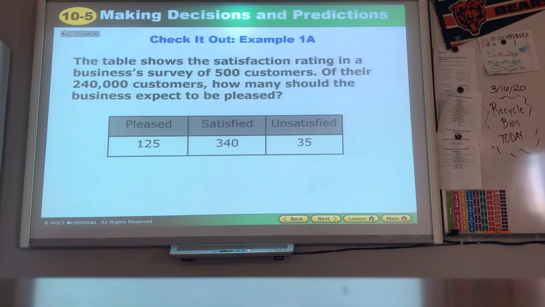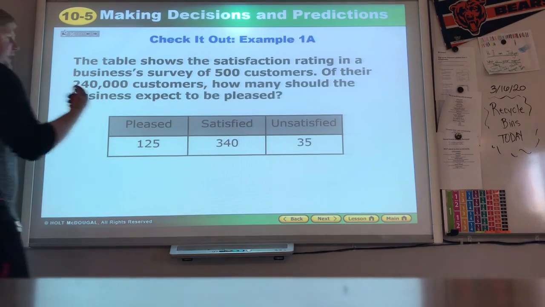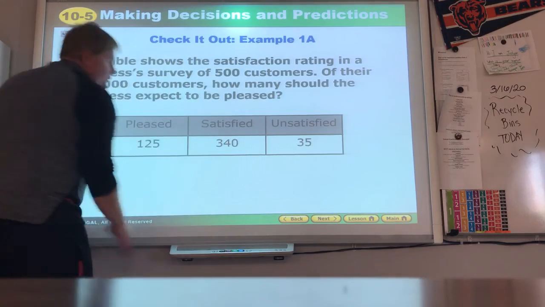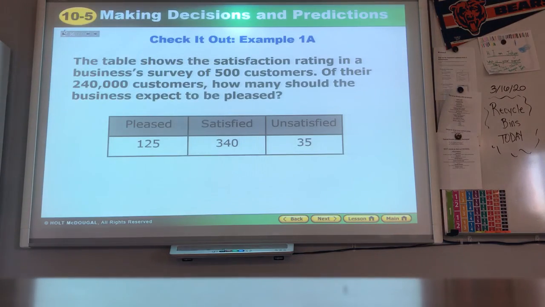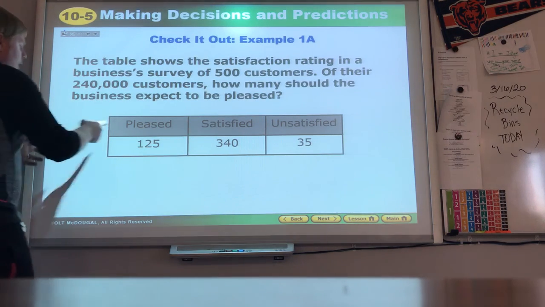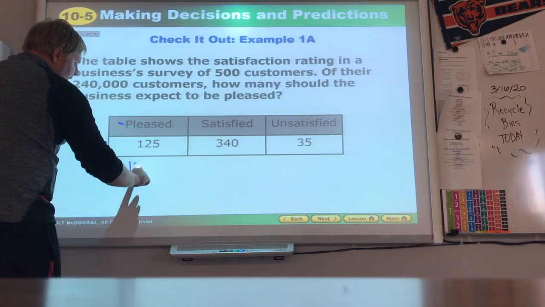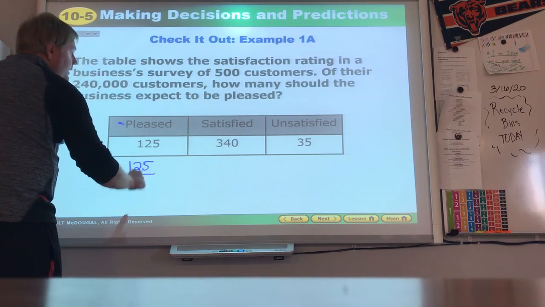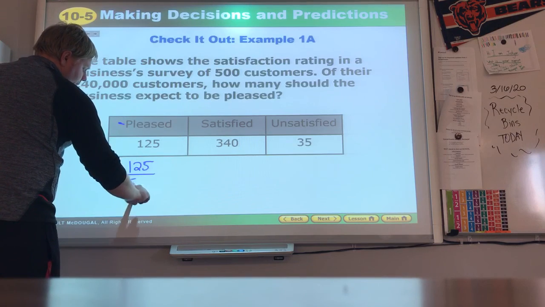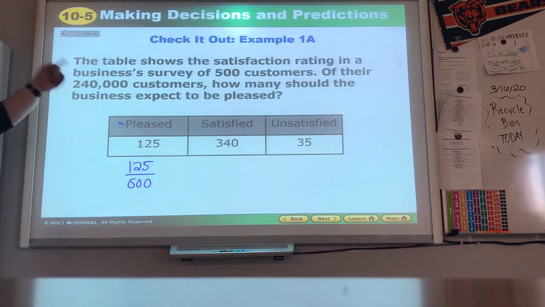All right. So we're back to this. We have another survey of 500 customers. That's the total people surveyed. And they want to know how many customers they should expect to be pleased. 125 are pleased out of 500 total. We're going to set that up.